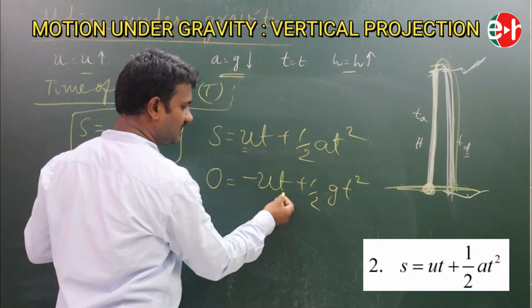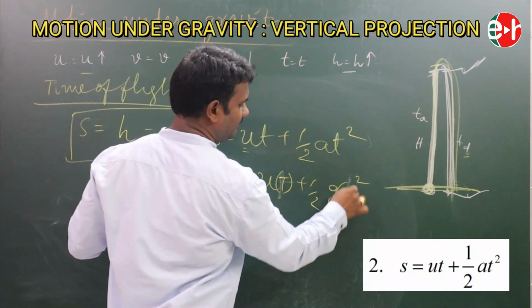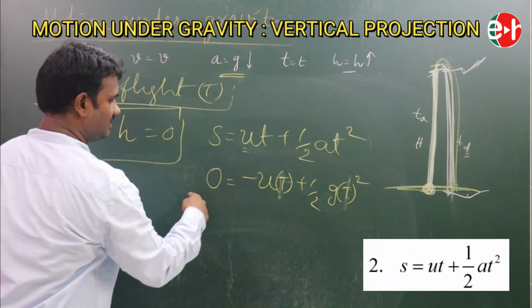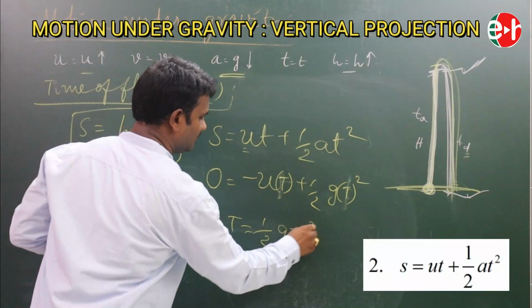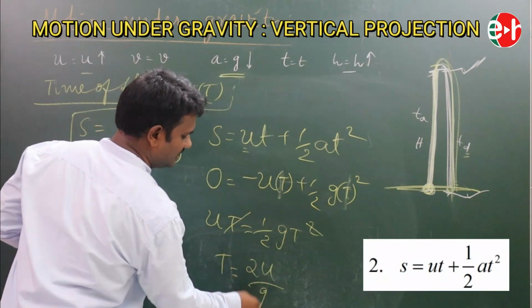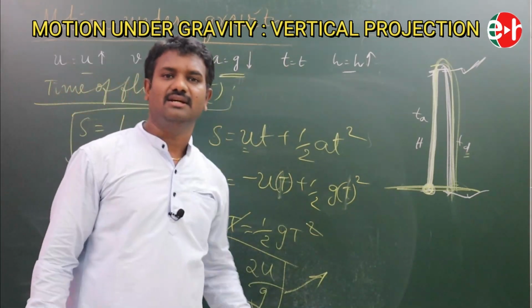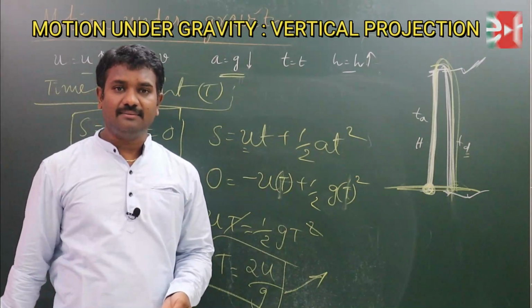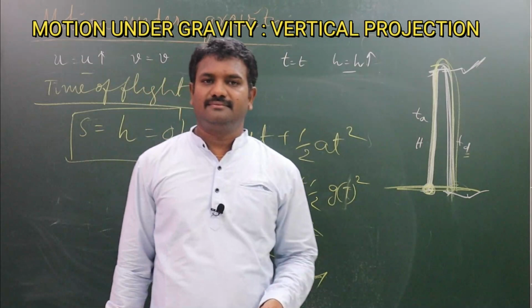But this t is a special character, the time of flight, so I am going to denote it with a capital T. So this is equal to, sending this to that side, uT equals half gT². It gets cancelled. T equals how much? 2u/g. So this is the time of flight. Even like this we can arrive at this formula. Is it clear? So this is our time of flight.